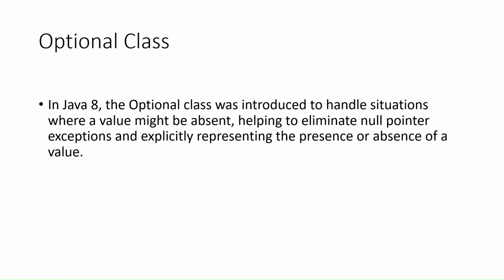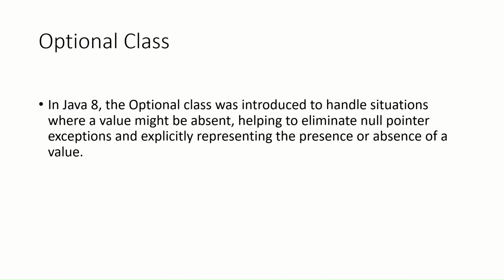It also explicitly represents whether the value is present, and if it is not present, it can give some default value, or if you want to throw some custom exception, it allows you to do that. So this is what the Optional class is. Its main purpose is to handle the null pointer exception.